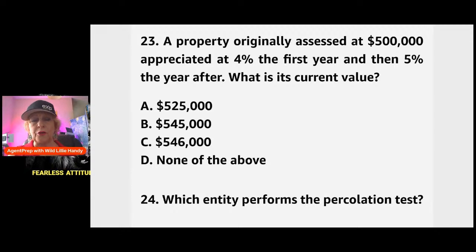So 4% the first year of 500,000, right, is what? 20,000. So you add that to 500. That's another way to do it. And then 520,000 times 5%, okay, will give us an answer of 546. Very good, Cindy.